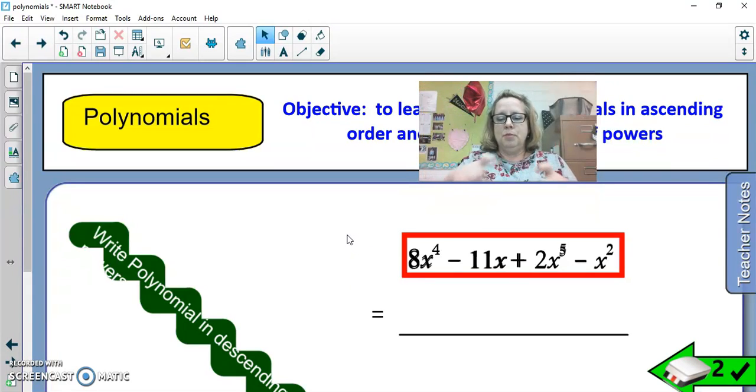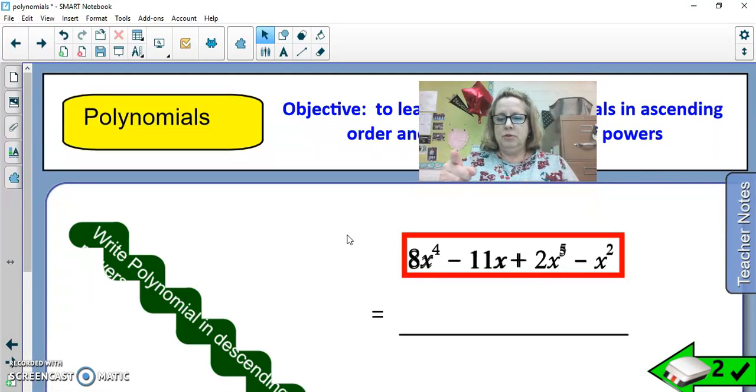In this expression below, 8x to the fourth minus 11x plus 2x to the fifth minus x squared. To put those in descending order, you're going to look at the exponent or the degree and look for the highest number first.